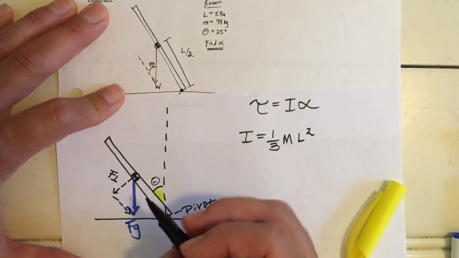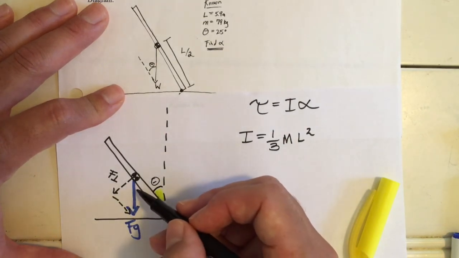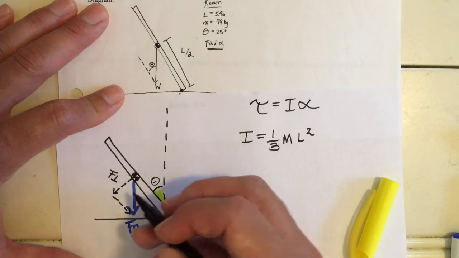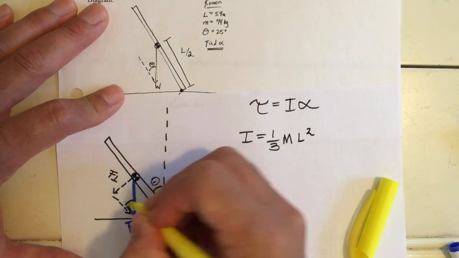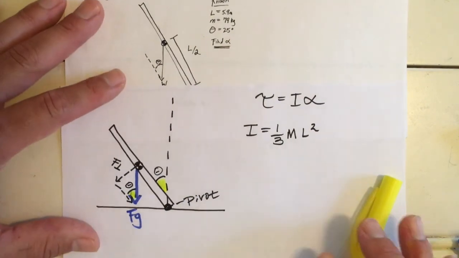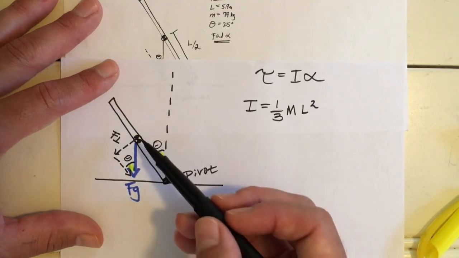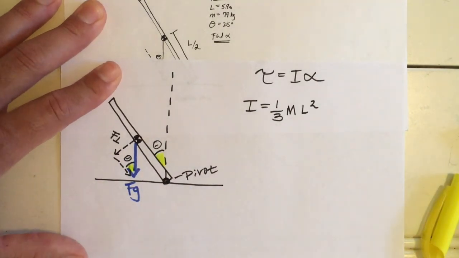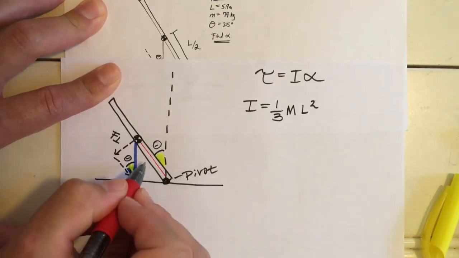So my point is that if this is 25, this is 65, this is 90, this is 25, this is 65, this is 90, this is also 25. And once you understand that, it's easy to find a solution for the torque, because you can calculate R, which is this distance, times F perp. Let me draw that in. This distance is R.